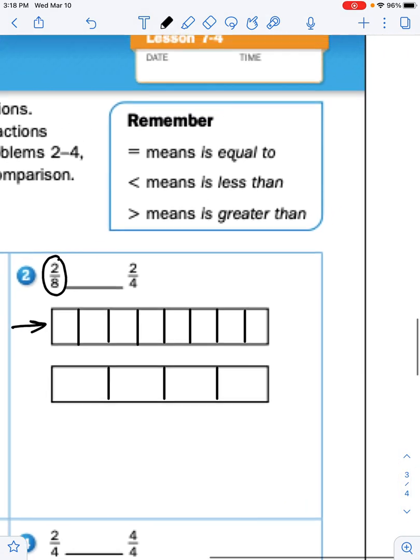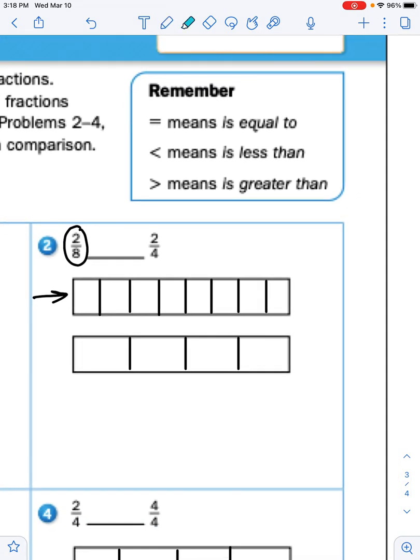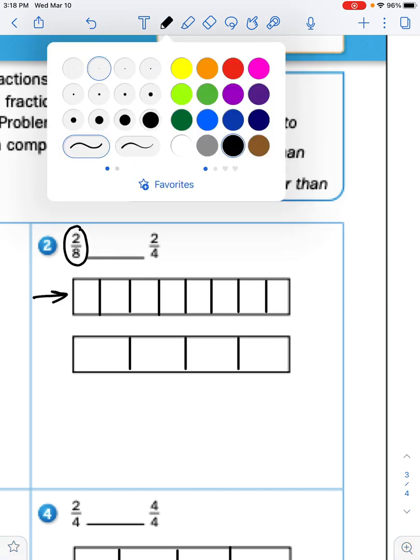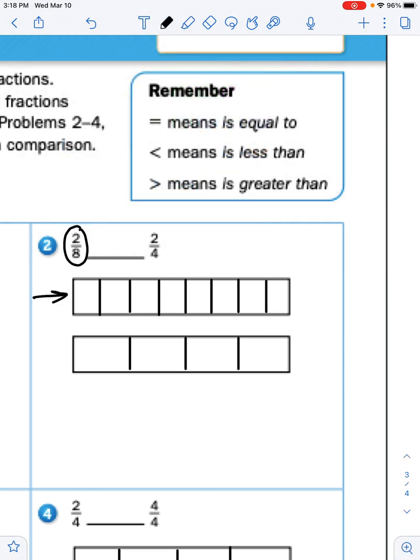So if we're just labeling each little piece, remember there's just one piece that you're labeling, and then you just keep the same denominator. So each of these would be 1/8. And I want you to label all the way across until you get to the end, and then you're going to shade in. Okay, so all of these should say 1/8.